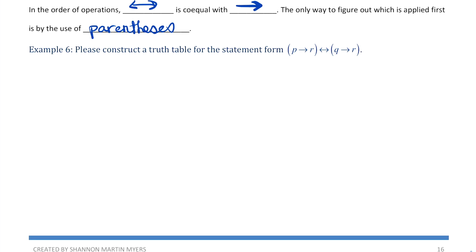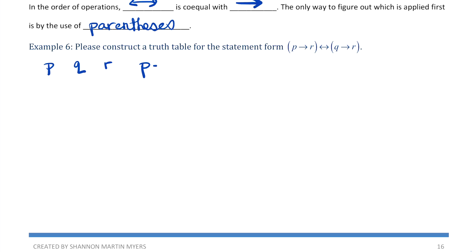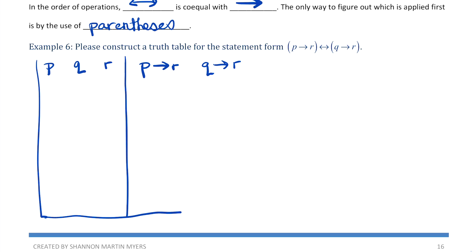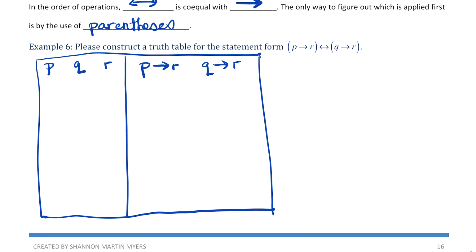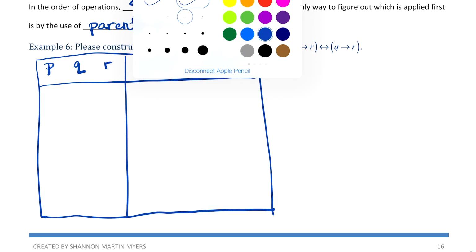So let's check it out. Let's construct a truth table for the statement form P implies R if and only if Q implies R. So again, we'll need P, Q, R, and then just, I think, P implies R, and Q implies R, so not a super long one. All right, so here we go.